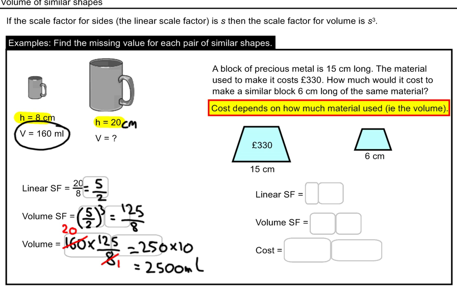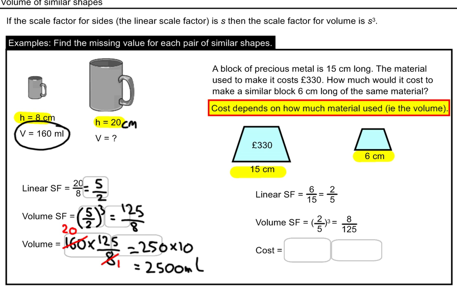So, my linear scale factor, I've got my corresponding dimensions, 6 over 15, dividing both of those by 3 would give me 2 over 5. For my volume scale factor, it's going to be that cubed, 8 over 125.